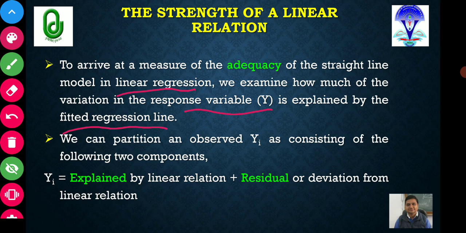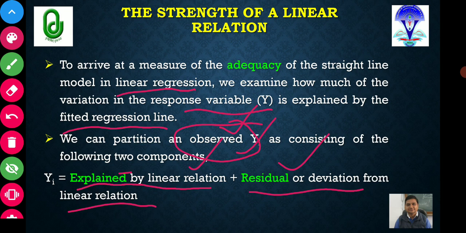We can partition the observed yi, meaning the dependent variable, as consisting of two components. So variation in the dependent variable can be of two components. What will be the two components? First one is explained by the linear relation, explained by the model that you have applied, and second one is the error, that is residual.